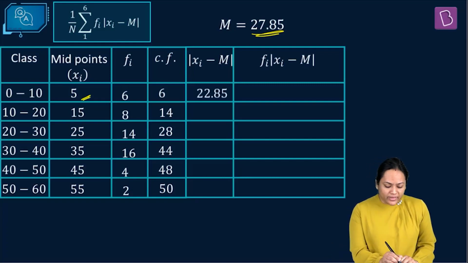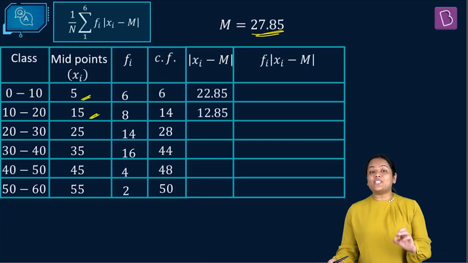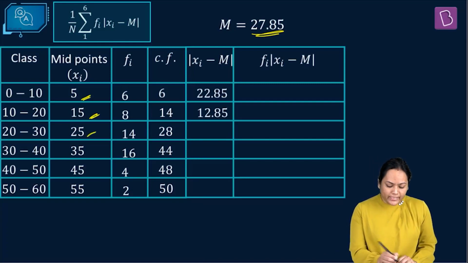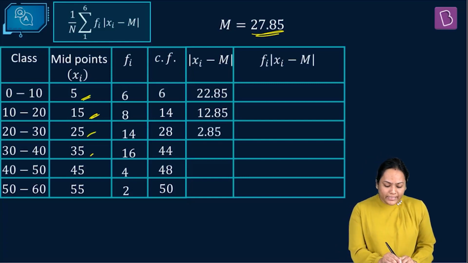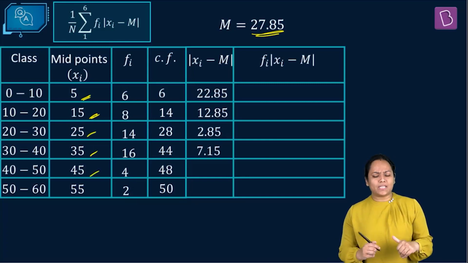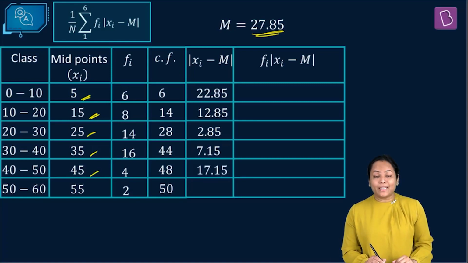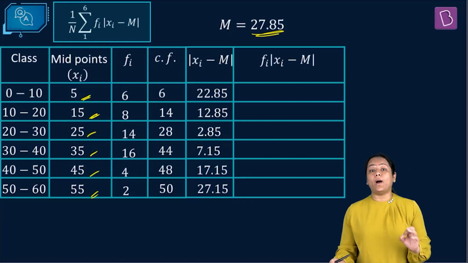Clear? Okay, when I take xi as 15, again the difference is coming out as 12.85. When I take this as 25, it's coming out as 2.85. When I take this as 35, it's coming out as 7.15. When I take 45, you have to just keep on adding 10 now. It's 17.15. And when we take the last xi as 55, it's going to come out as 27.15.